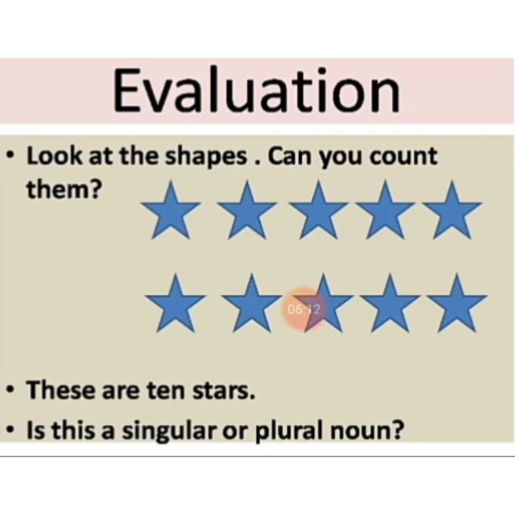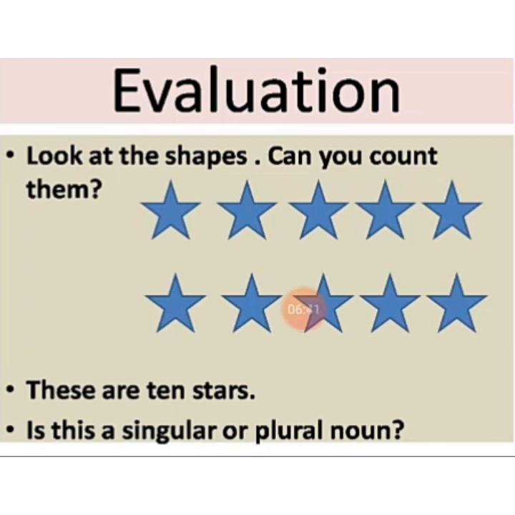Evaluation. Look at these pictures. Look at the shapes. Can you count them? Let's see. 1, 2, 3, 4, 5, 6, 7, 8, 9, and 10. These are 10 stars. Isn't it true?